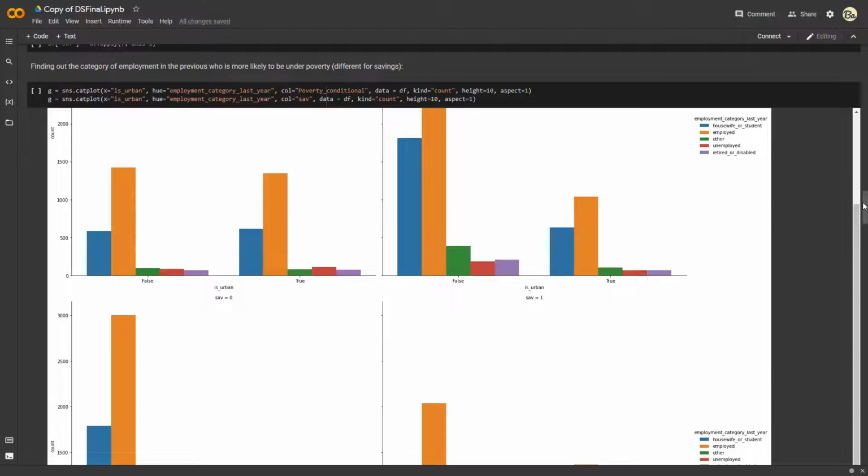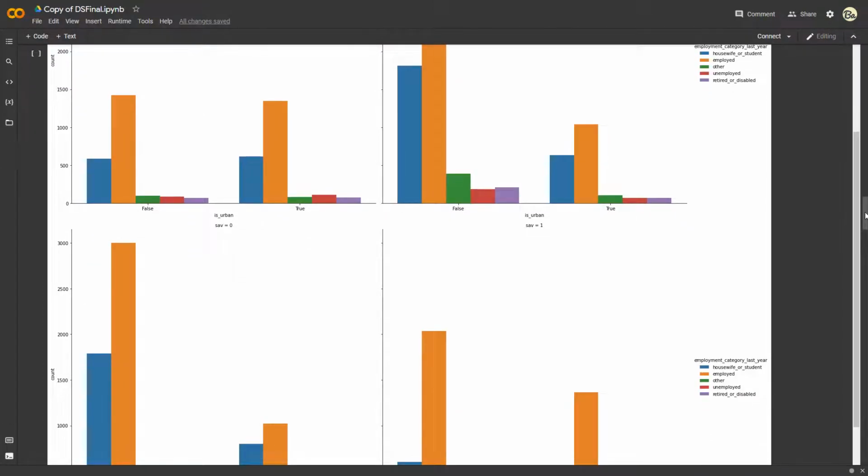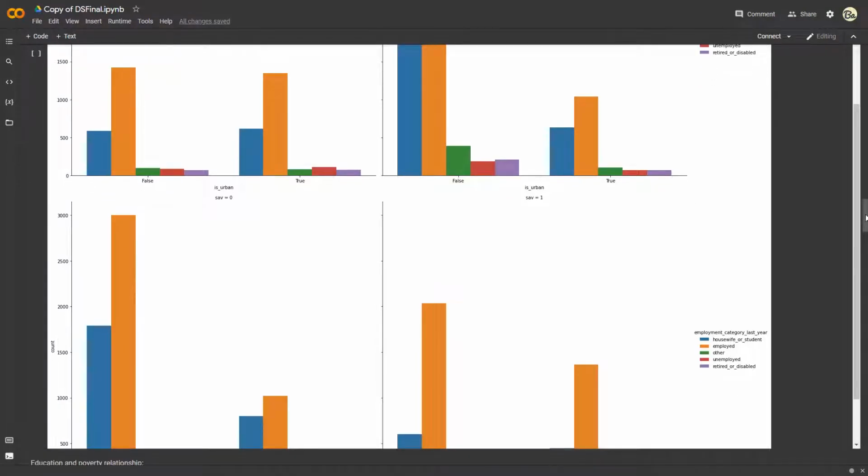Employed people are, in most cases, not in the poverty line. And other people such as housewives or students are in a mixed sort of situation. Some people have less money, some have not.